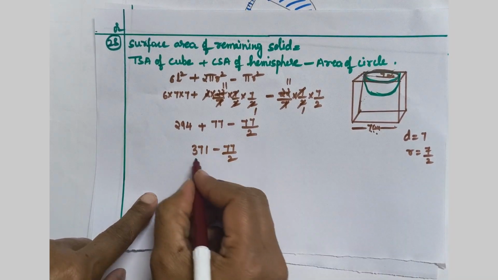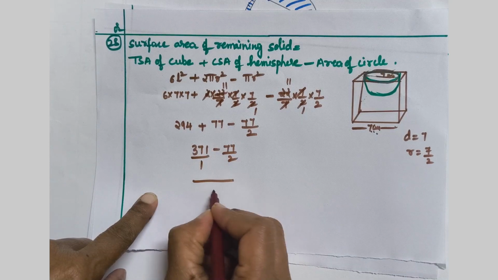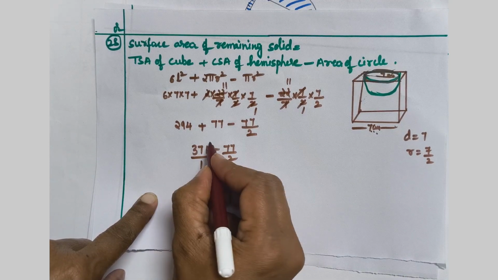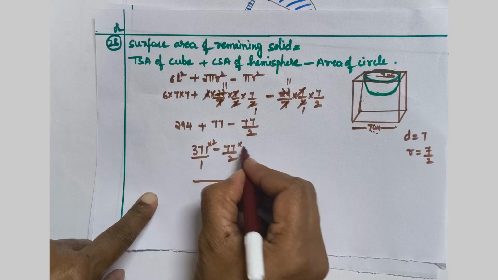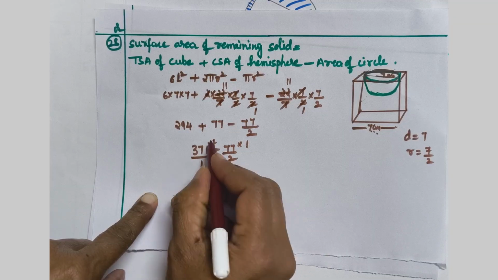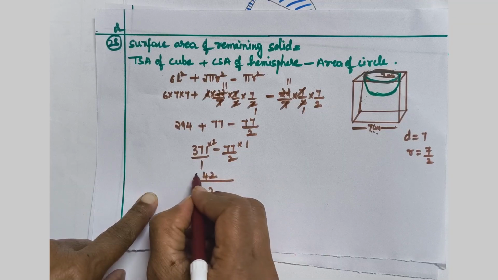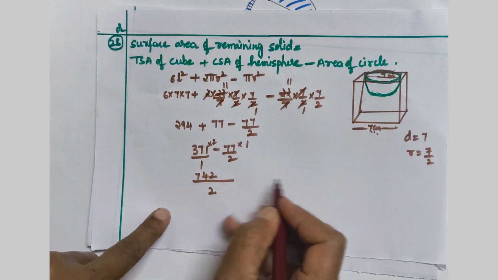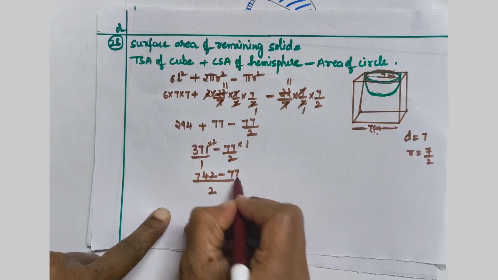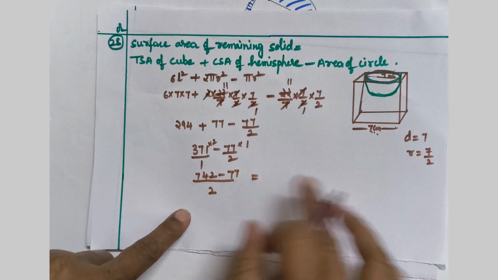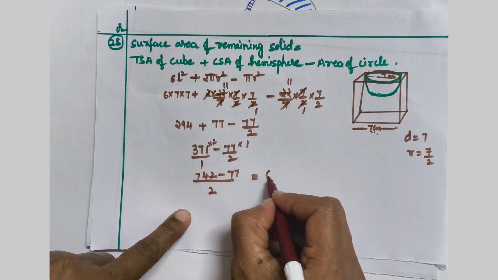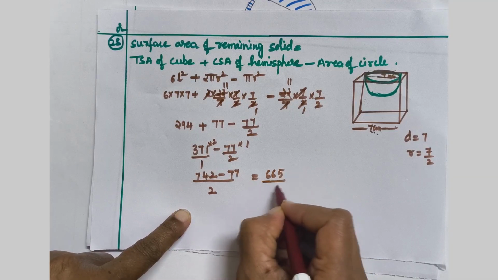So now what will we do? Here nothing means 1. So what is the LCM? 2 is the LCM. So here into 2, here into 1. 2 1s are 2, 2 7s are 14, 2 3s are 6, plus 1 is 7. 742 minus 77. 742 minus 77, what do you get? 665 by 2.